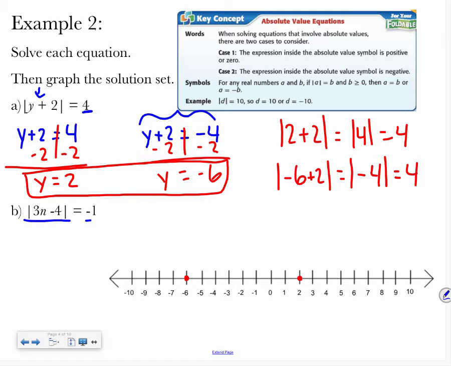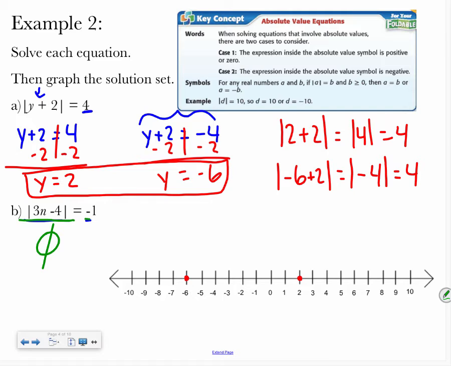So what you need to do here, we have the absolute value equals a negative number. That is not possible. So all that you have to say, you put a 0 and you put a slash through it. That means null, which means that it is a null set. There's no answer that will make that true. It's kind of like a no solution, okay?